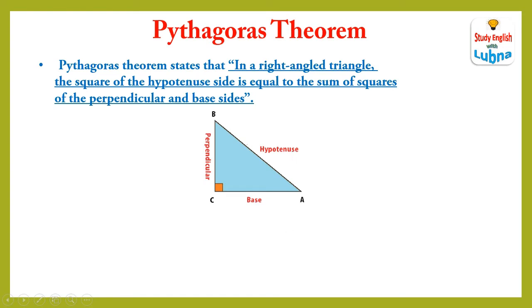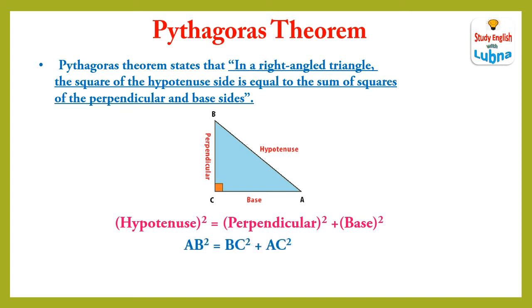According to the Pythagoras theorem, hypotenuse square equals perpendicular square plus base square. We can also write this as AB square, that is the hypotenuse square, equals BC square, meaning perpendicular square, plus AC square, meaning base square.